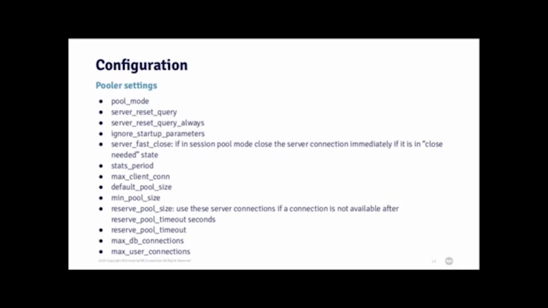A reserve pool size, it's a concept. For example, if you are using all of the pool connections that you defined, and you try to use a new connection but there is no slot available, it waits for server reserve pool timeout seconds, and if even after that you can't get a connection, PgBouncer will give you a connection from this reserve pool size.